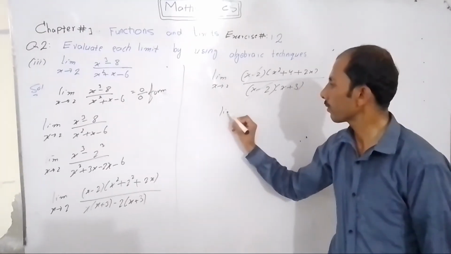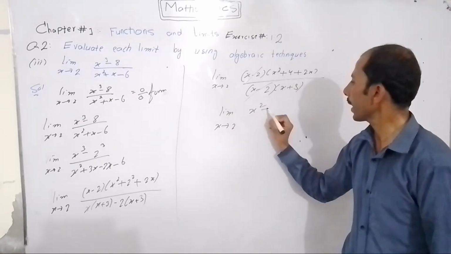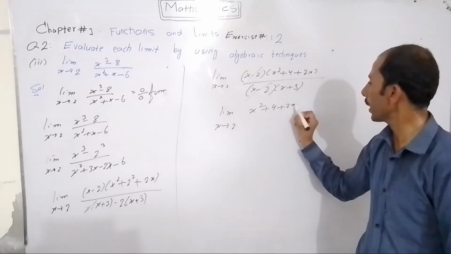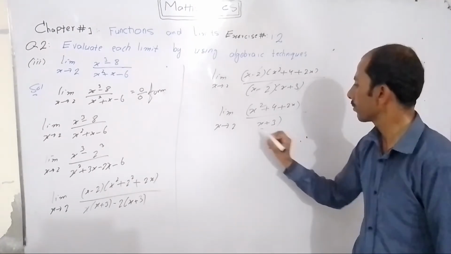So limit x approaches 2 of (x square plus 4 plus 2x) divided by (x plus 3).